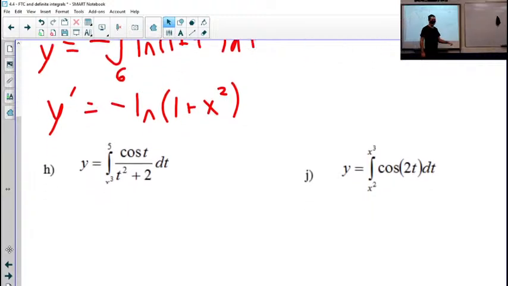So give H a try here. First thing we want to do is put the variable on the top.